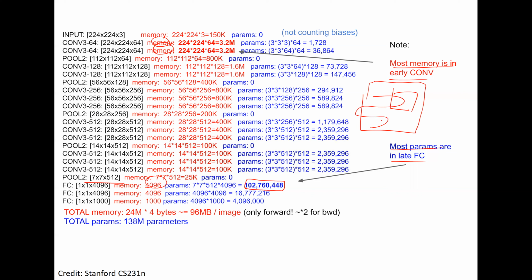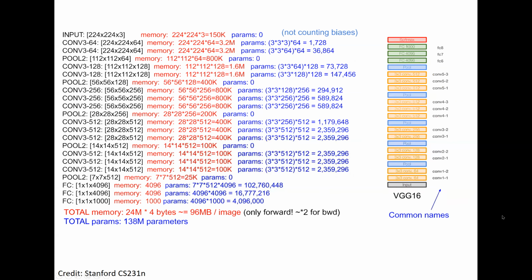It travels all the way through the input, and it should store all this history to calculate the gradient. So that's why this architecture uses most memory in the early convolution and most parameters in the late fully connected layers.